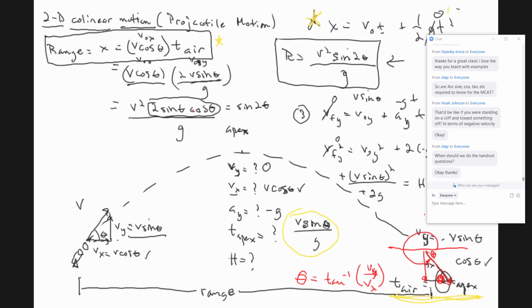Okay, because you use time of the apex. Yeah, because you think about it, the time that it takes to come up will be the same time it takes to come down. Gravity took this long to slow it down to 0. It's going to take gravity that long to accelerate it back up to this velocity in the y direction. Okay, I think I understand it now. Yeah, so that's why I doubled that time. Okay, perfect. Thank you.